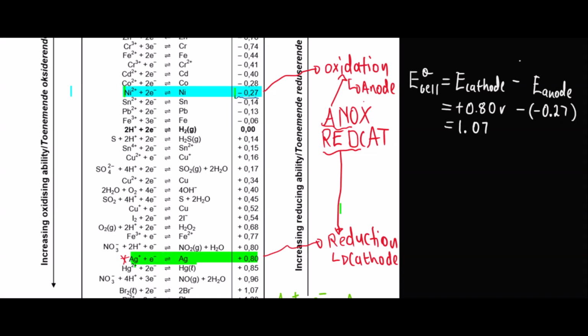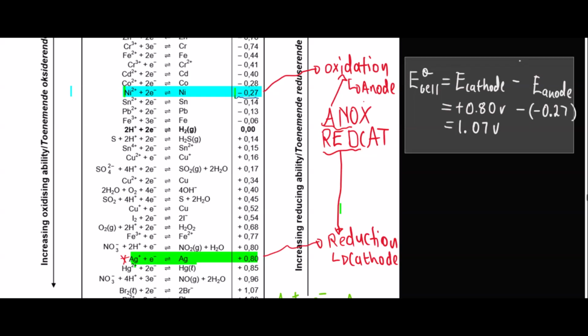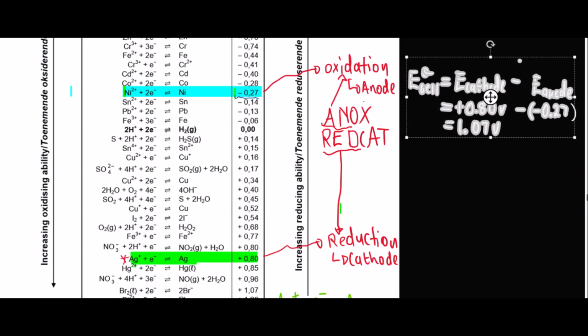The answer is 1.07 volts. This is the answer for the E cell for those two half cell reactions. You can see that the cathode is the silver and the nickel is the anode.